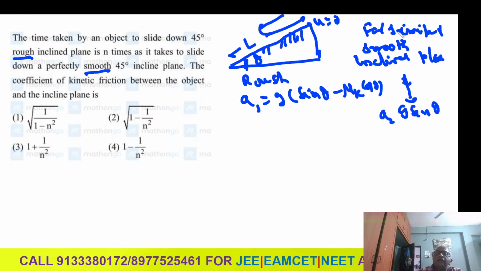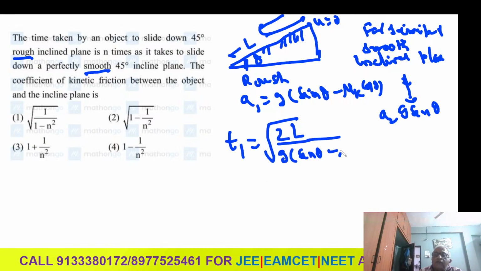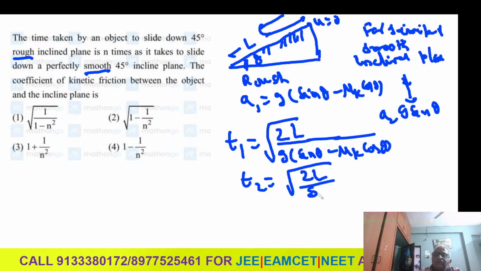L is the same in both cases. Time taken, you know, time is under root 2h by g. T1 is under root 2L by A1, where A1 means g into sin theta minus mu k cos theta. T2 is under root 2L by g sin theta.